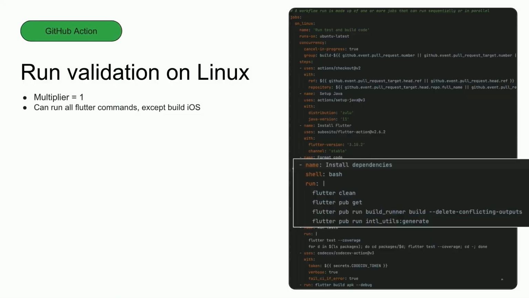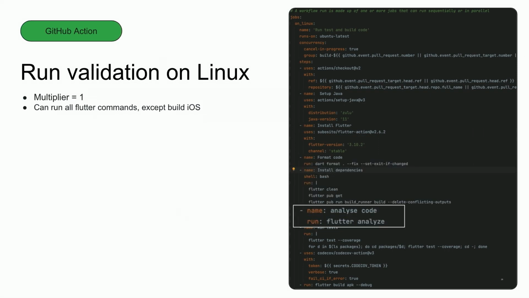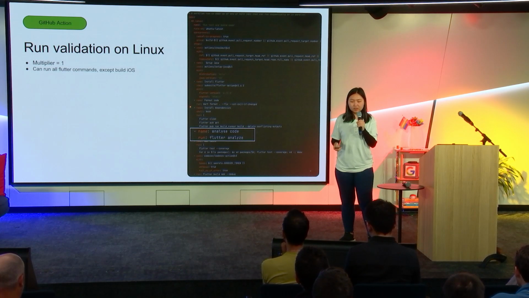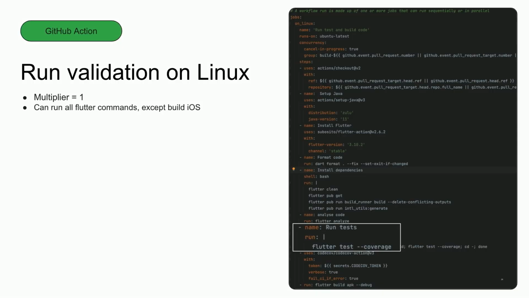Then install dependencies. Actually it's needed whether I run on Linux or Mac OS. And then analyze the code. Everybody knows you should analyze the code and keep the code clean and neat. Then run test. For the first version that we ran in April, the test ran only 5 minutes.